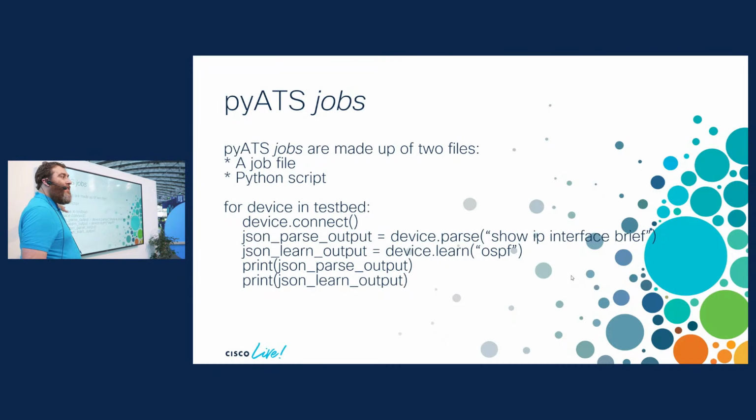And then your actual Python script, where you're going to have a common setup section, connect to the devices, possibly set up a for loop over each device, your testing section, where you write your tests, and then a common cleanup where we not only disconnect gracefully, but we try to ensure that we left the network in the same healthy state as when we first connected to it.